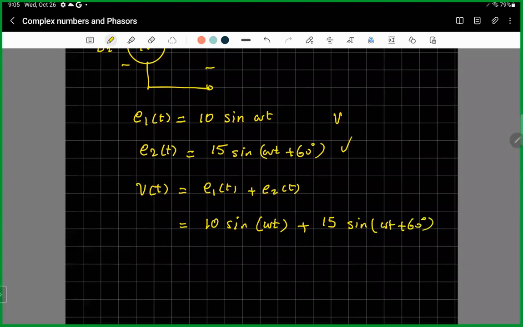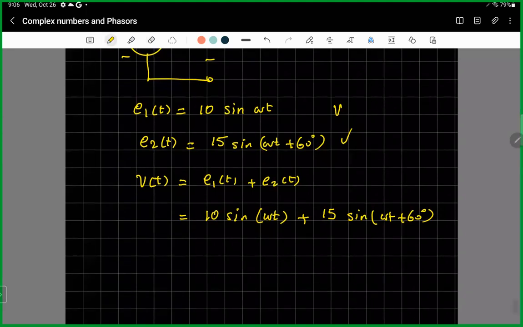I'm not going to waste my time, though I can do it. I will use trigonometry, expanding sine omega t plus 60 into sine and cosine, the trick. And then you start adding the sines. You will spend like 1 hour. All right. But phasor, it will be much easier.